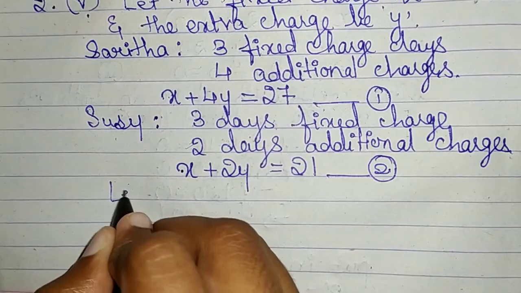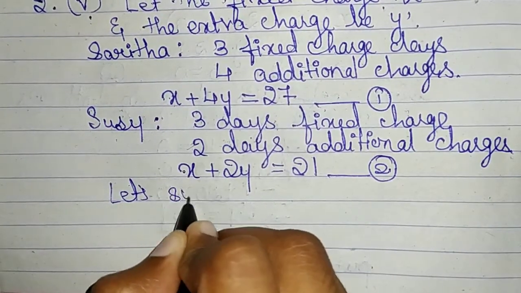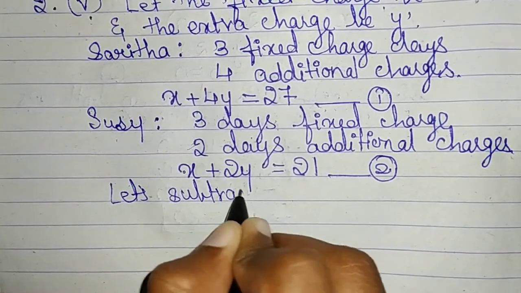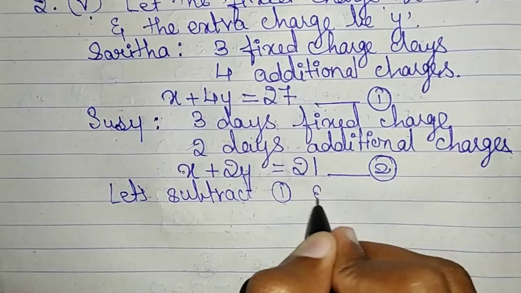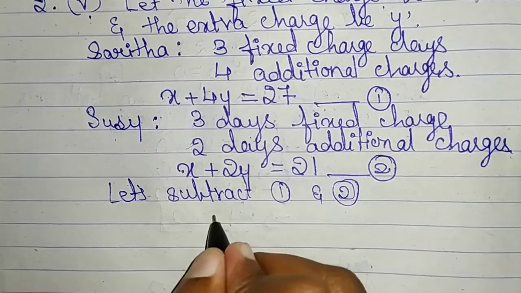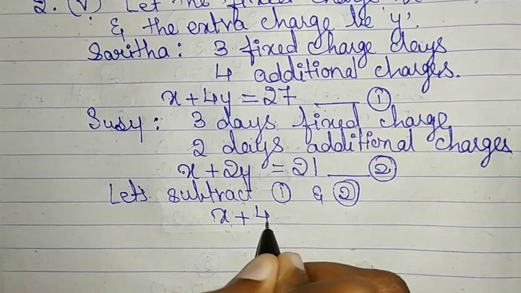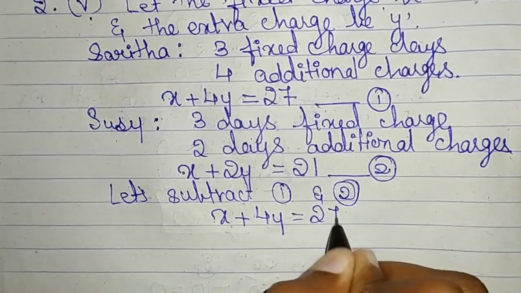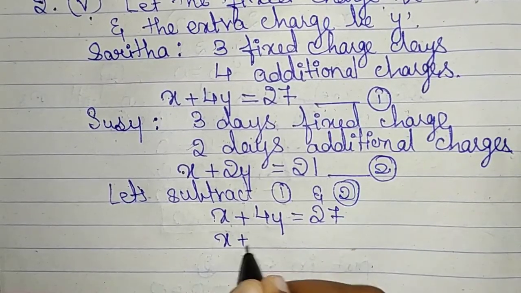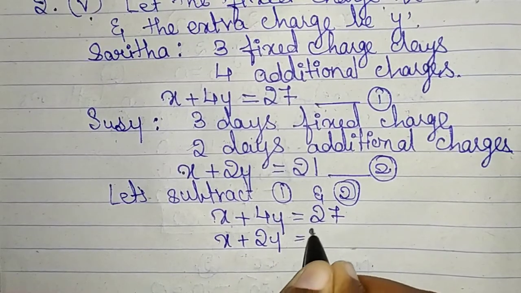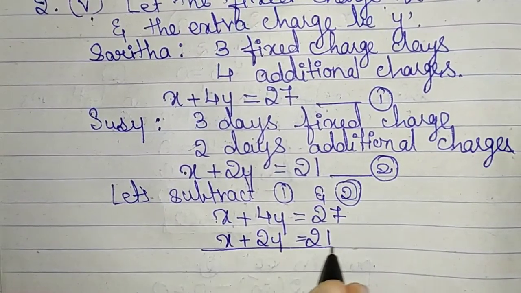So let us subtract 1 and 2. We get x + 4y = 27, x + 2y = 21.